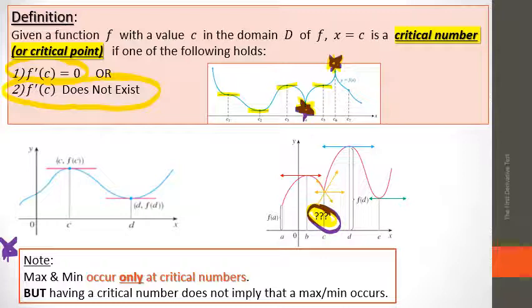But the converse, you have to be very careful about this. Just because it's a critical number does not mean that a max or min will occur. You still have to have some further information. So, what do you do to find max and mins? Find the critical numbers. What are the critical numbers? These two things here. When does the derivative equal 0? And when does the derivative not exist?